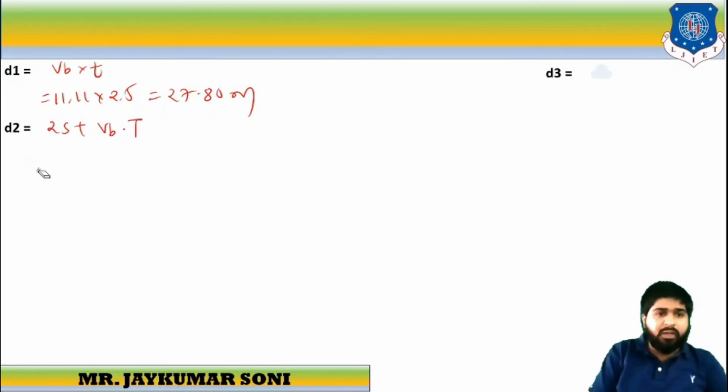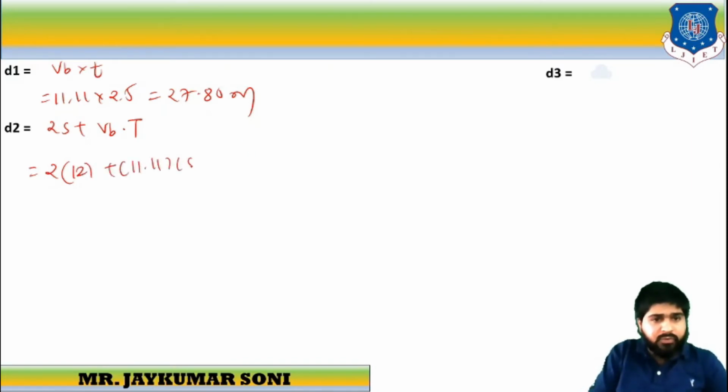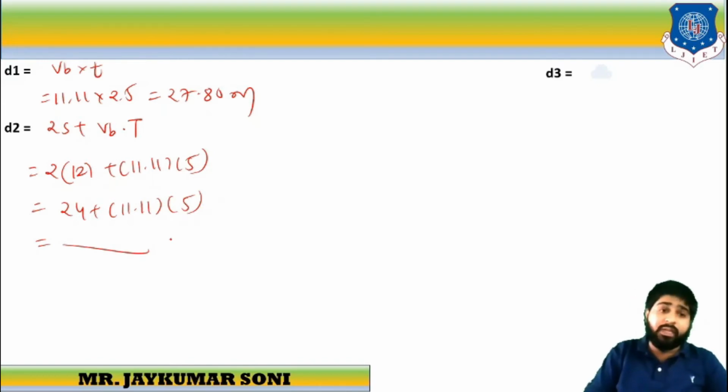Then d2 is 2S plus VB into capital T. We have been given the value of S as 12 meters. This is 11.11 and this is 5. So this is 24 plus 11.11 into 5. Calculate and tell me what value we are getting for d2. That is 79.6 meters.